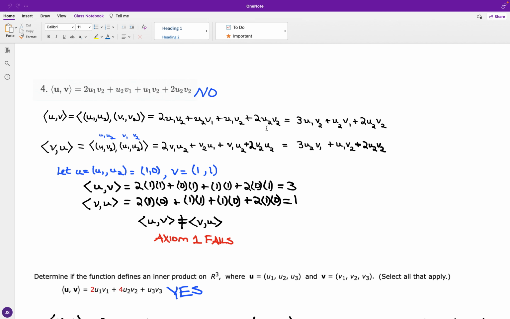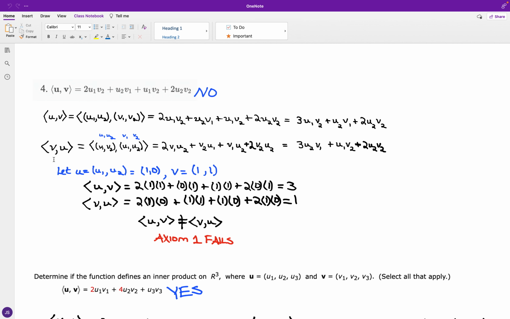And if you notice, in the follow-through for the pairing of u and v, I had the following statements. I have 3 u sub 1 v sub 2 upon combining these like terms, plus u sub 2 v sub 1 plus 2 u sub 2 v sub 2.